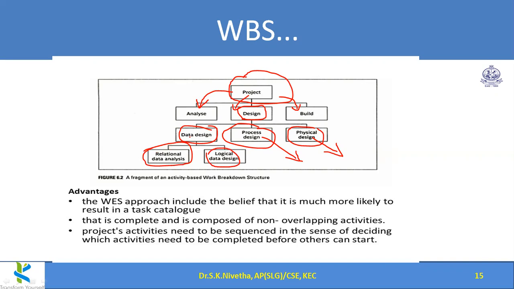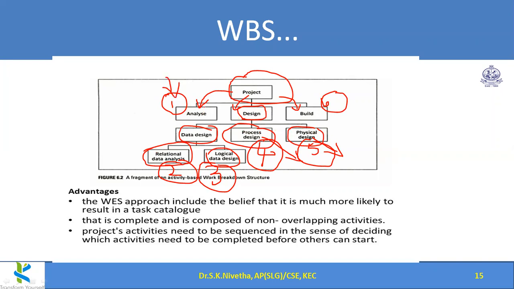So finally the activities could be: first activity analyze, second is relational data analysis, third is logical data design, fourth is process design, fifth is physical design, and sixth is build. So totally 6 activities for this project, and based on this segregation they have to clearly specify that one must be completed before starting two.